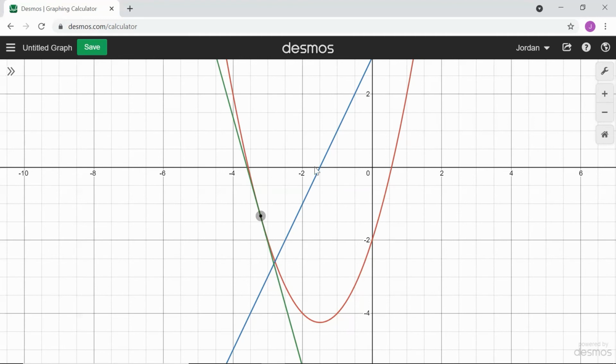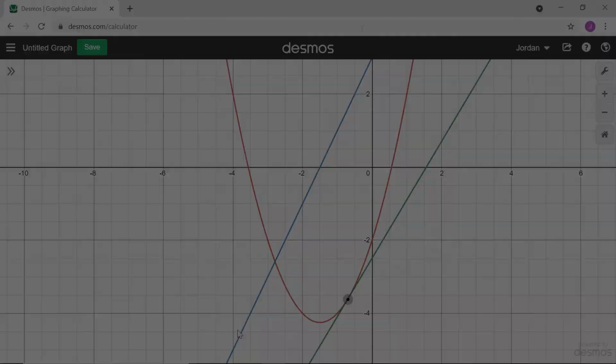So each time the point moves, the slope changes, and the changing of the slope is given to you by this blue line here. So that is a visual relationship between the function itself and the derivative of the function.